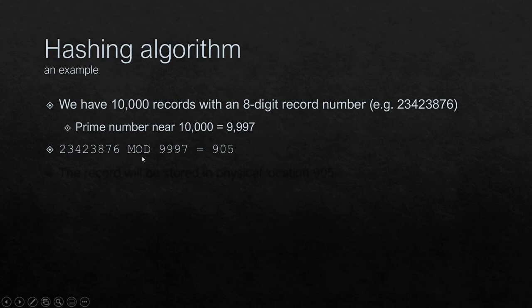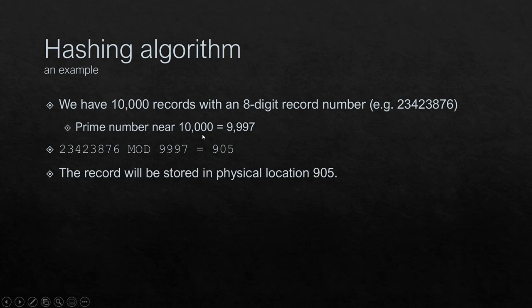If you remember, modulus is the mathematical function that divides two numbers together and gives us the remainder. So we mod the record ID with the prime that we've produced, and that gives us 905. That tells us that we are going to store this record in location 905. So when you want to store the record, you simply use the hashing algorithm to work out where to put the record. When you want to find it, use the hashing algorithm to work out where to find the record.